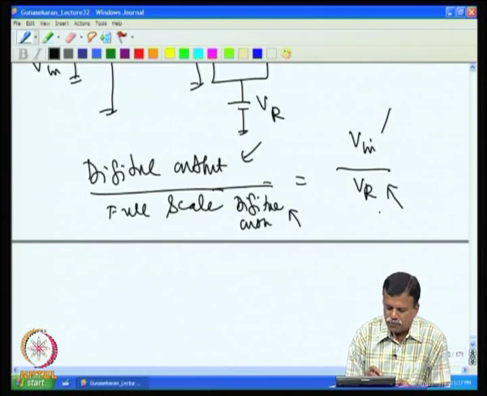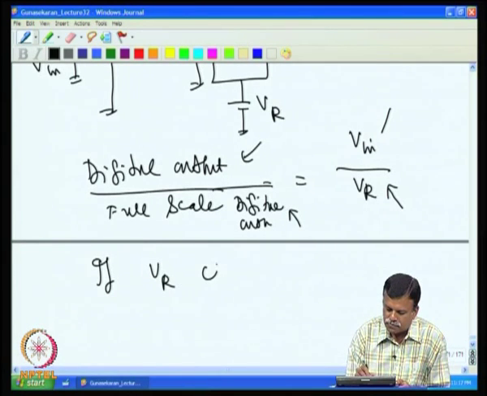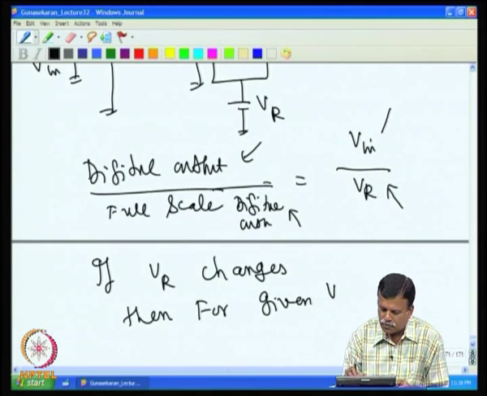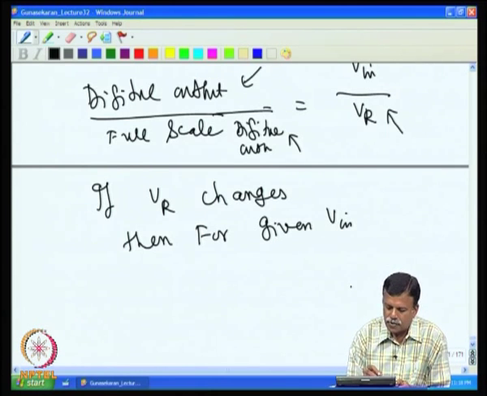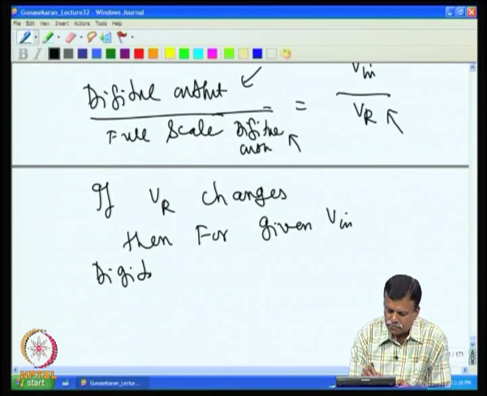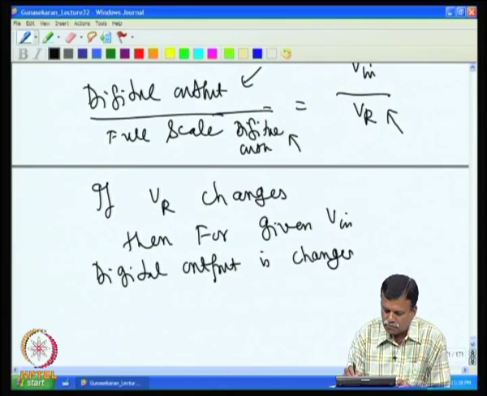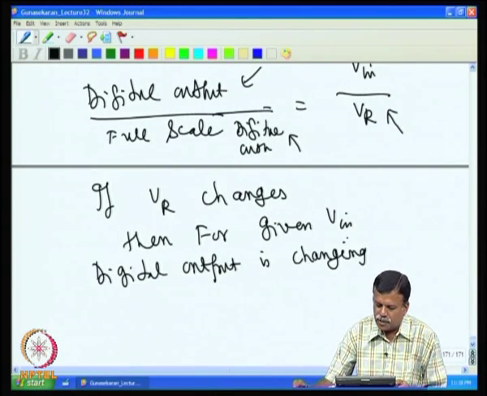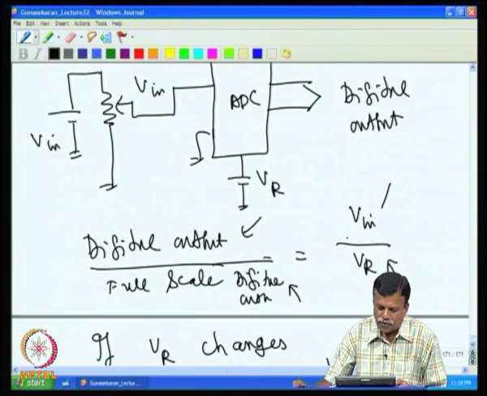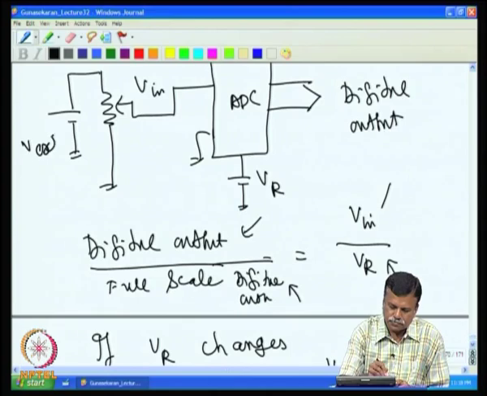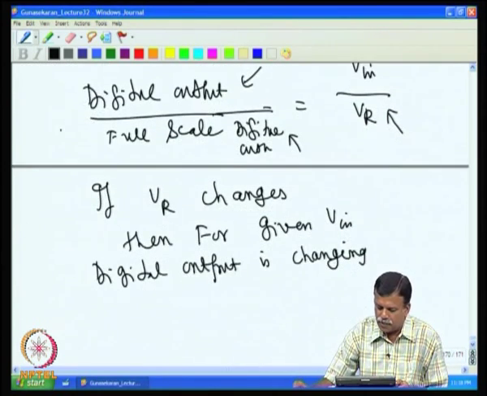So, actually if VR changes, then for a given V in, the digital output is changing.